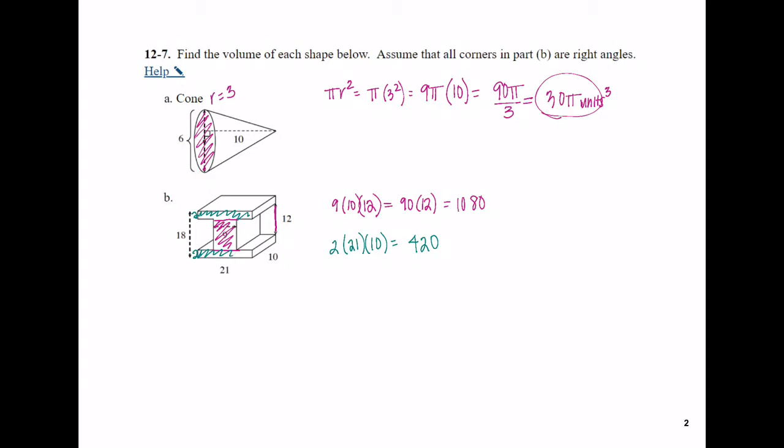And we have 2 of those bases, a top and a bottom. So multiply that by 2 and we get 840. We then need to add those 2 pieces together for our total shape, which gives us 1,920 units cubed.